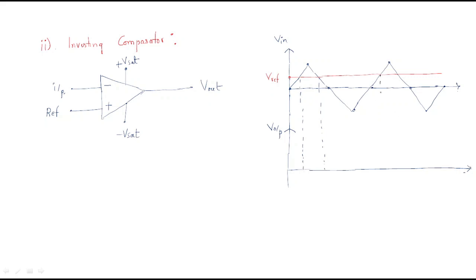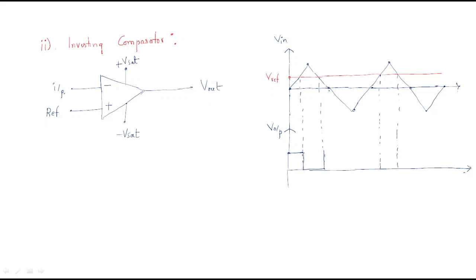So at these two points only the reference voltage is low. Where the reference voltage dominates the input voltage, it will generate the high value, and in the remaining portion it will be low.